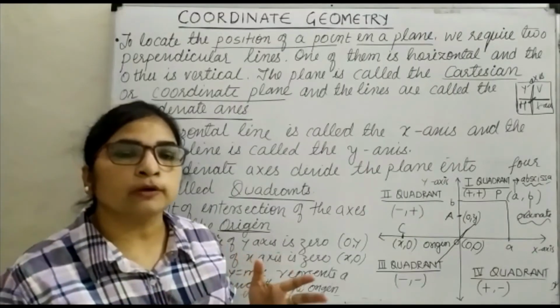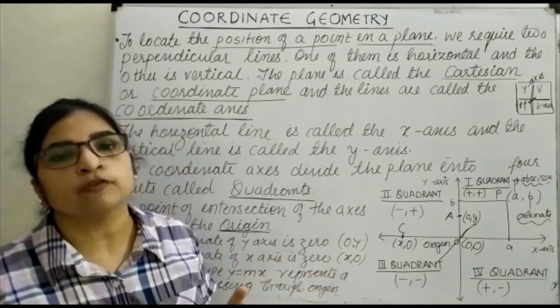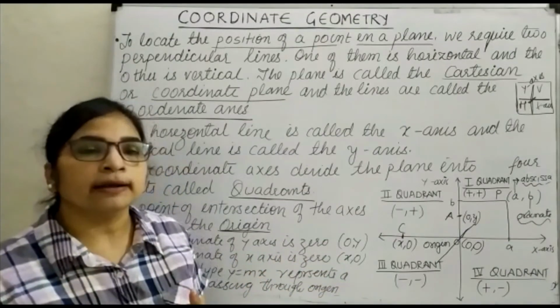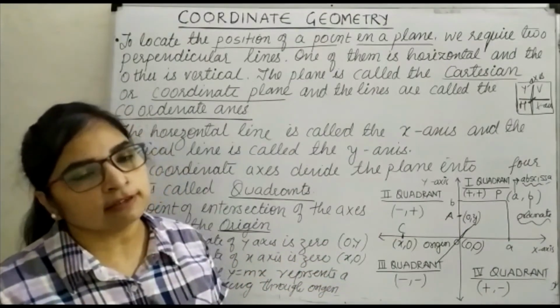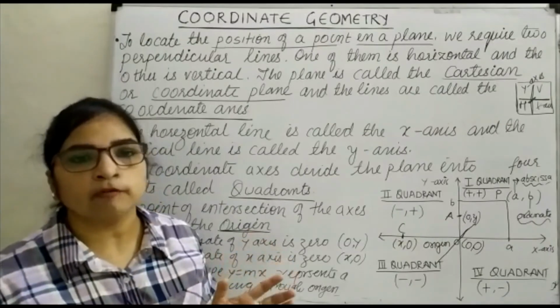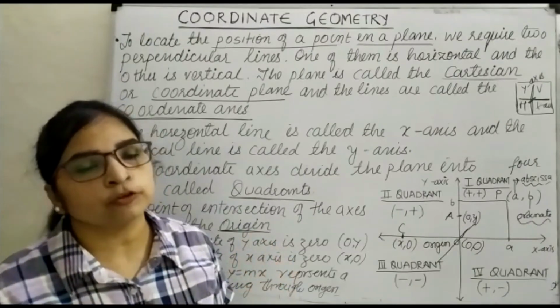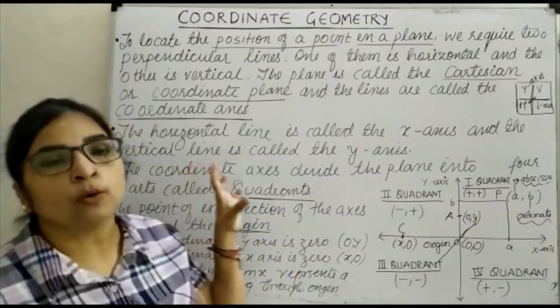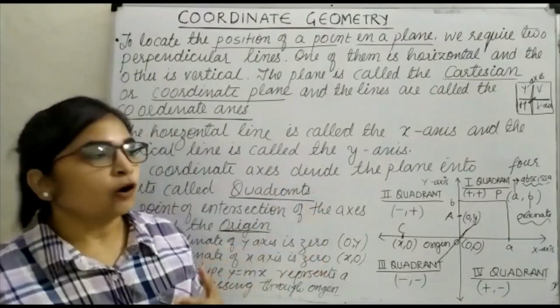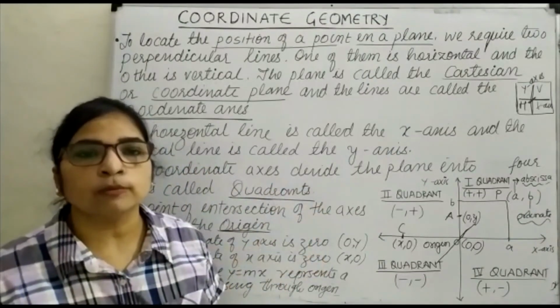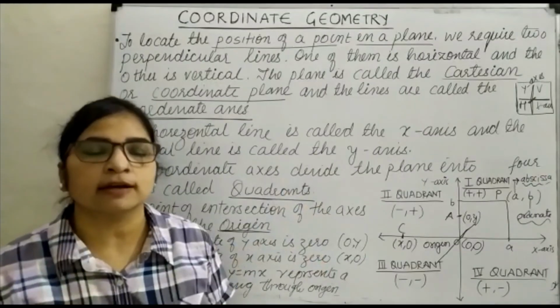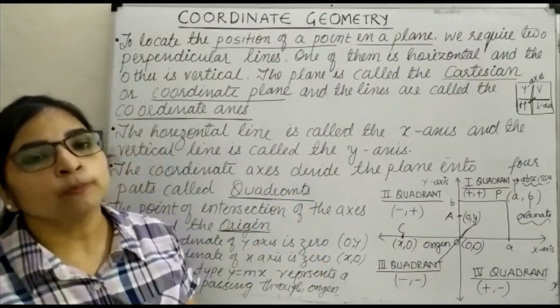Any point on the x-axis is of the form (x, 0), and any point on the y-axis is of the form (0, y). So these are the basics which we are going to study in coordinate geometry, the basic ideas which will help you understand coordinate geometry more properly.